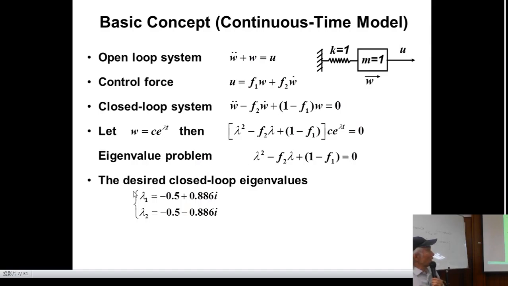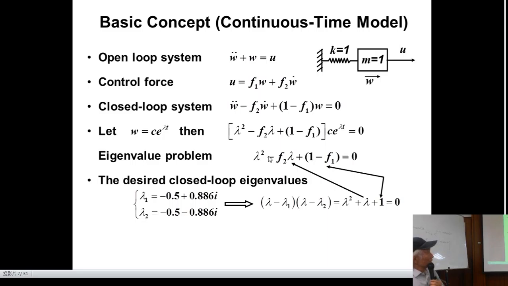So, if I have this desired closed loop eigenvalue, then by comparing these equations, I can determine my control gains. F1 equal to 0, and F2 equal to minus 1.